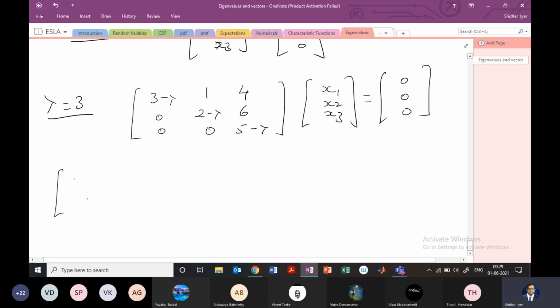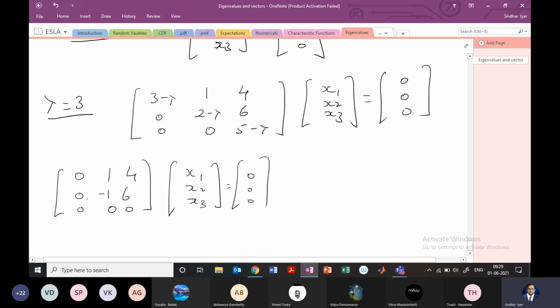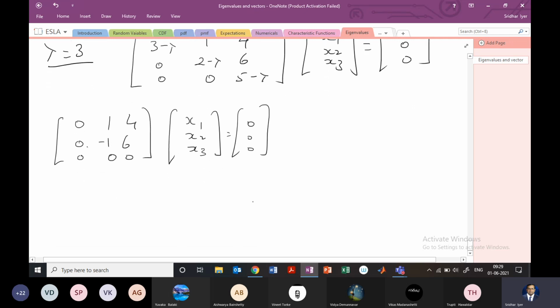The matrix that we get after substituting lambda will be 0, 1, 4; 0, -1, 6; 0, 0, 2, and x1, x2, x3 equal to 0, 0, 0. Now we'll multiply this row with this column, so that will be the first equation.